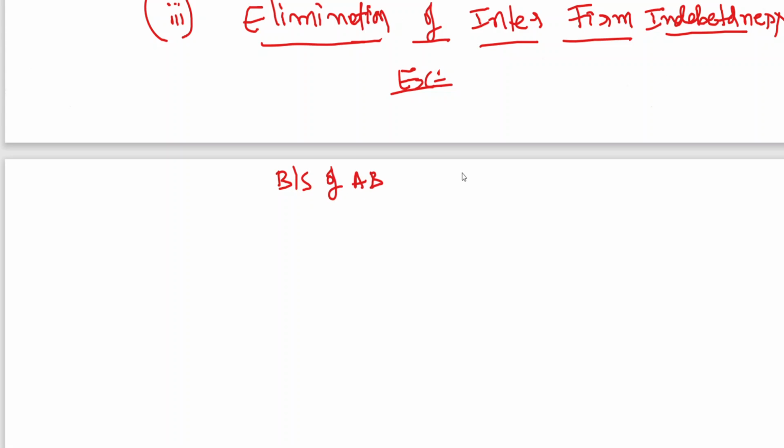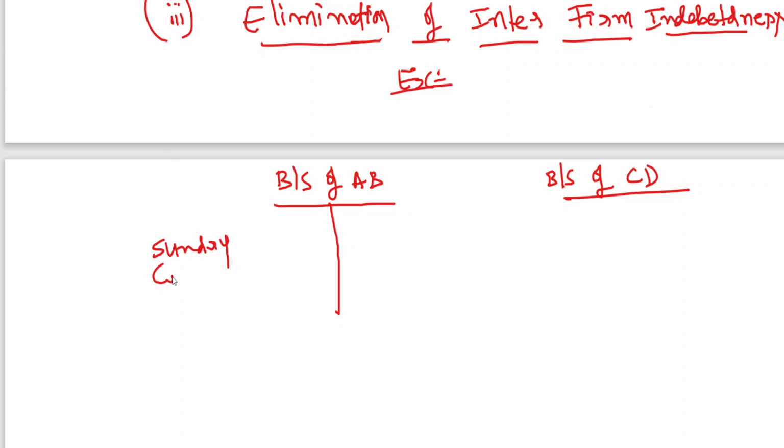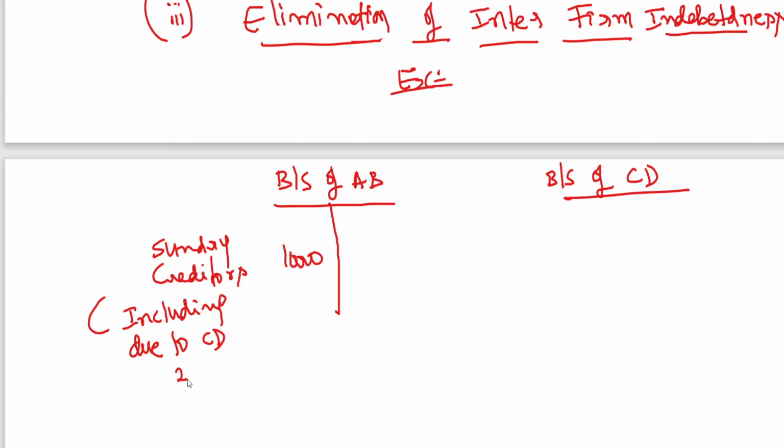Balance sheet of AB, balance sheet of CD firm. Sundry creditors 10,000, including due to CD rupees 2,000.